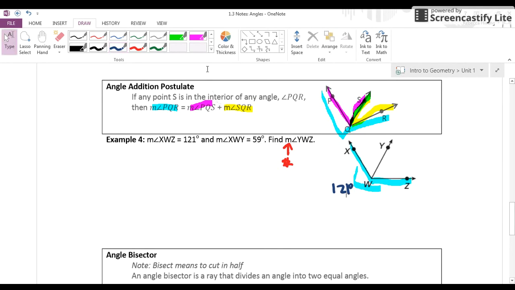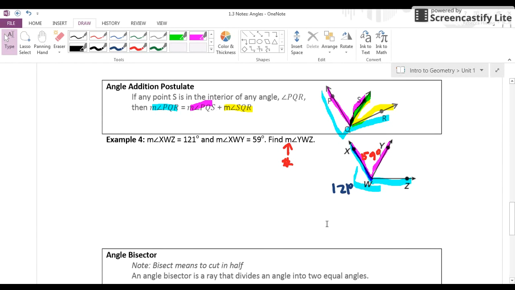Then I know that XWY, so if I want to trace that out, I'm starting at X, going down to W and up through Y. This little piece right here, that's going to be 59 degrees. So the question is, well, how do I find YWZ? Well, remember, parts add up to the whole.